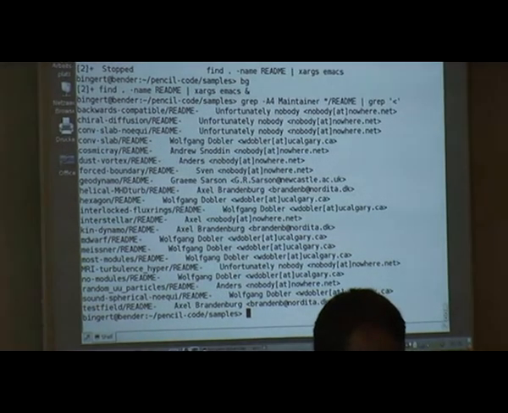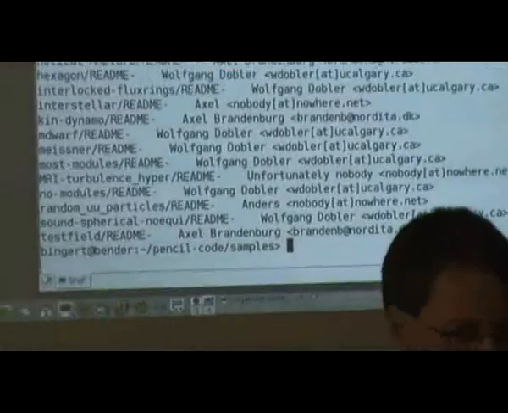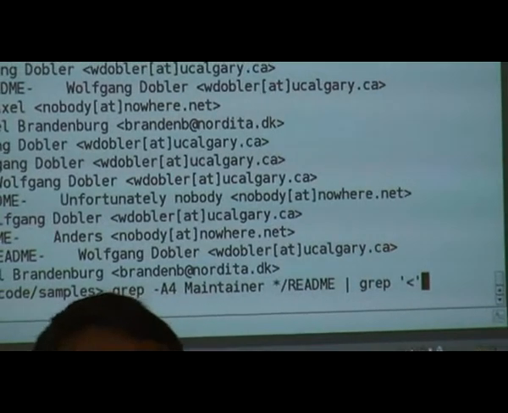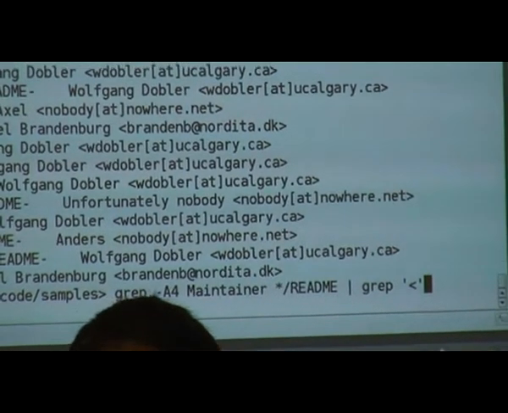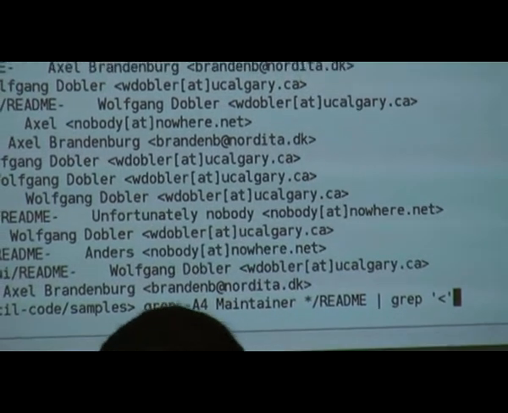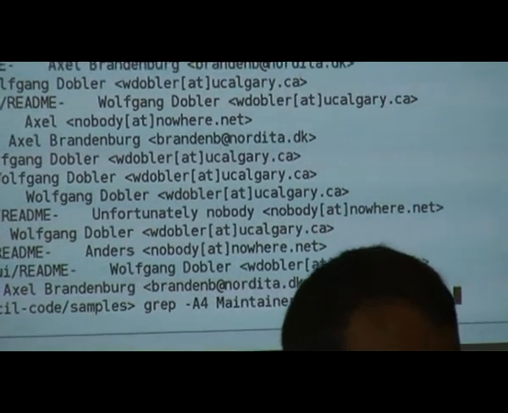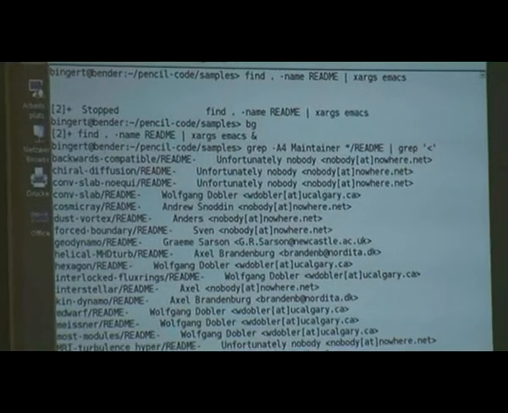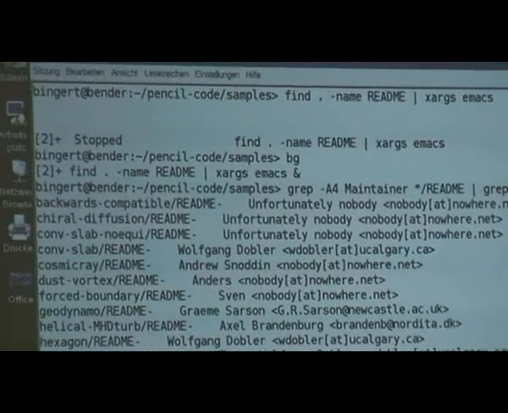That's relatively good. Can you explain that again? What does A4 mean? A4 means print the line and the following 4 lines. 3 or 4 lines. Oh, I see. And there are certain assumptions I'm making, but you can play with that. And since mostly the lines with the email addresses have the less-than sign, we can then grep for that. Okay, I understand.